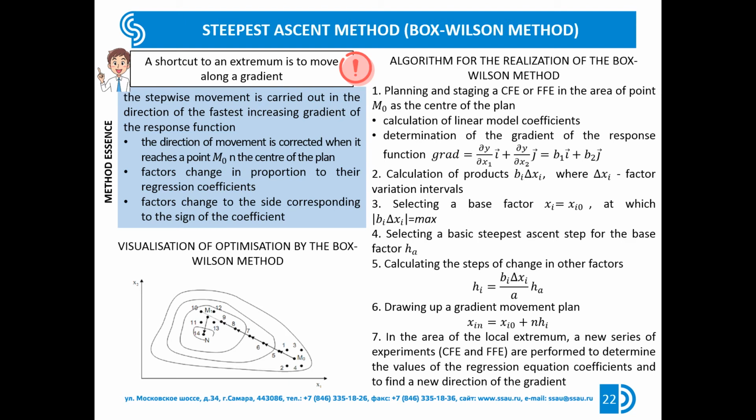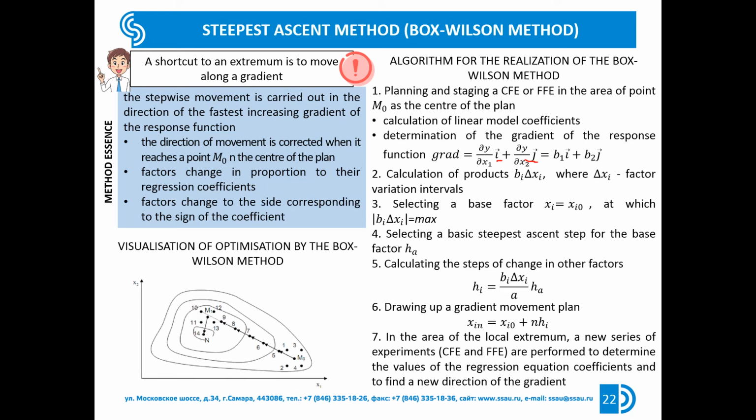From the results of the CFE or FFE, the coefficients of a linear mathematical model can be calculated to determine the directions of the coefficients. The gradient of the response function at this point is determined by the formula on the slide, where these are unit vectors in the direction of the coordinate axes.